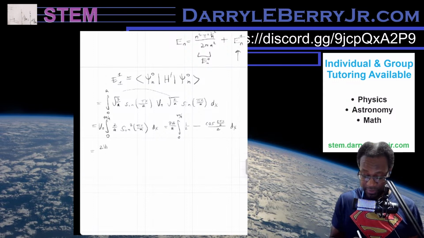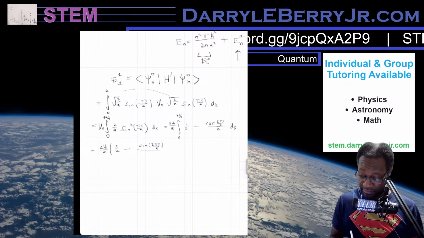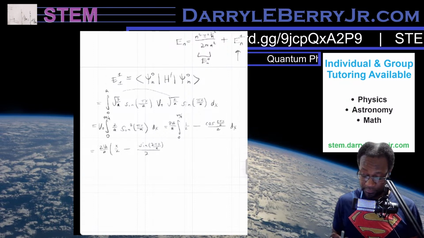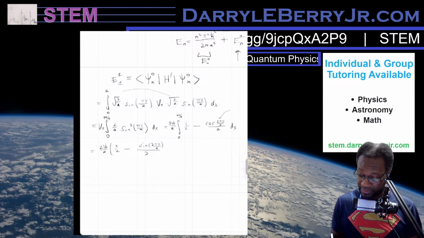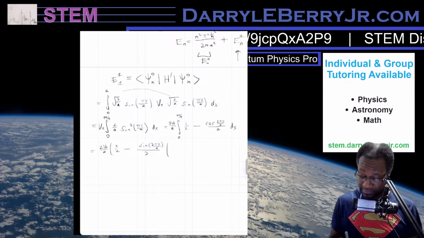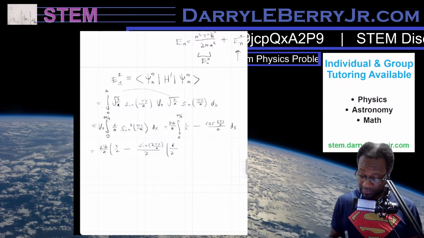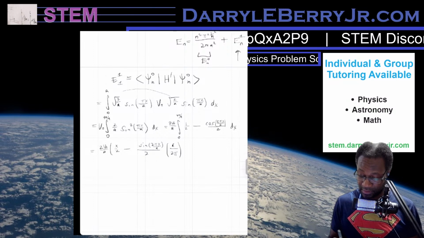So we have 2 V naught over a. We have x over 2 minus sine 2 pi x over a divided by 2. And I'm going to have to take the derivative of this in here and divide by it. So that'll be times a over 2 pi, taking the derivative of this with respect to x.